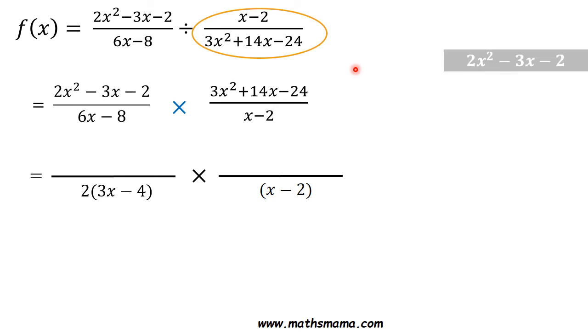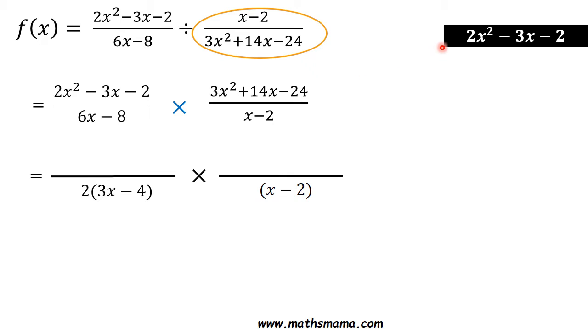So to find the factors, we first draw a cross like this, and as the first step you find the factors for this value, the coefficient of x squared, which is 2. So what are the factors of 2? Plus 1 times plus 2. So I'll write it as 1x times 2x. When you multiply those two factors, you get 2x squared.